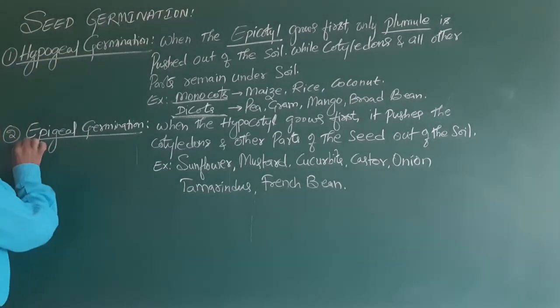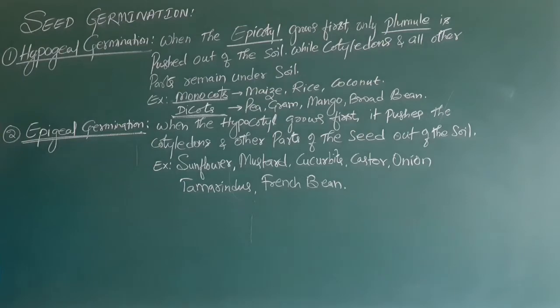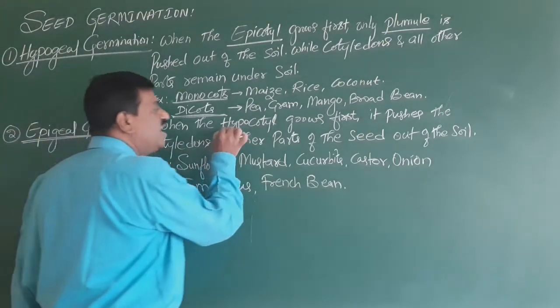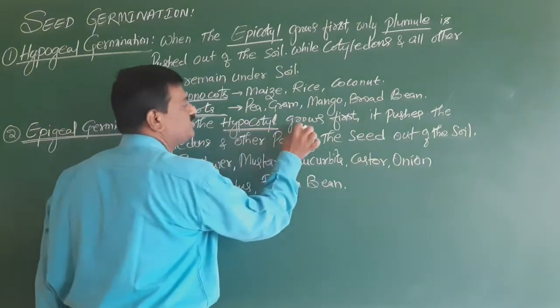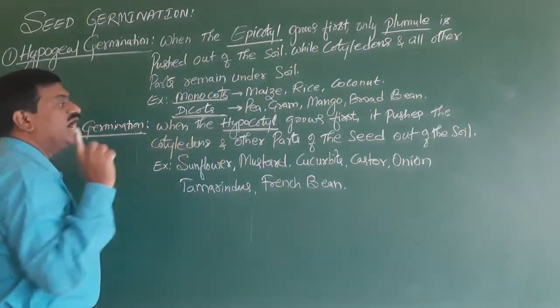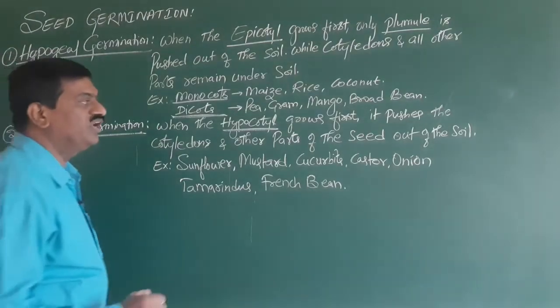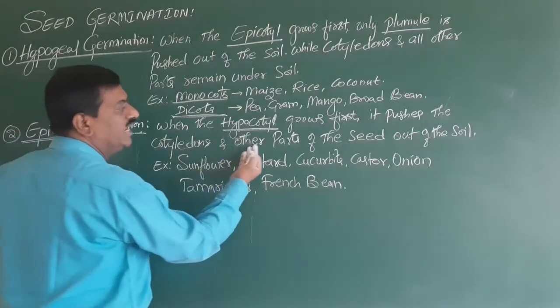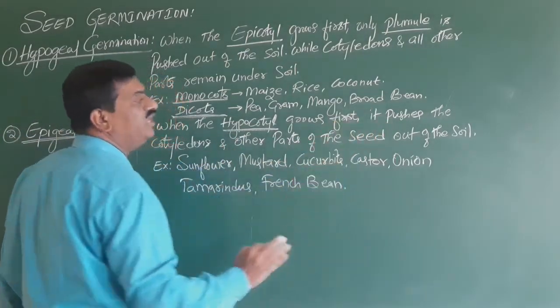Now we go for the next one called epigeal germination. Here the hypocotyl grows first, unlike hypogeal where the epicotyl grows first, and pushes the cotyledons and the other parts out of the soil.